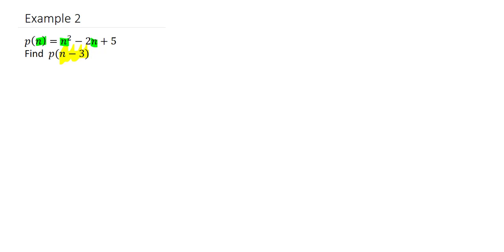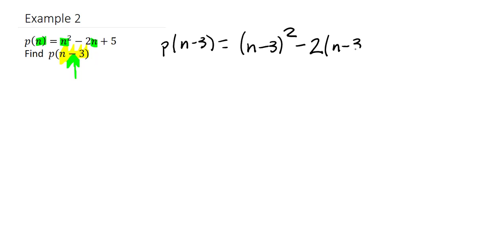So let's go ahead and do that. We have p of n minus 3, which is equal to n squared. So instead, we're going to put (n minus 3) squared, minus 2 times (n minus 3), plus 5.